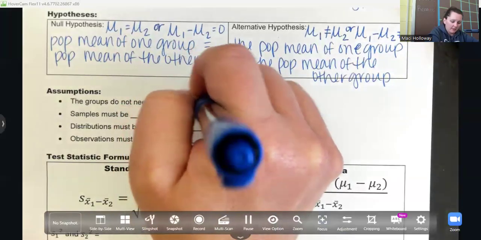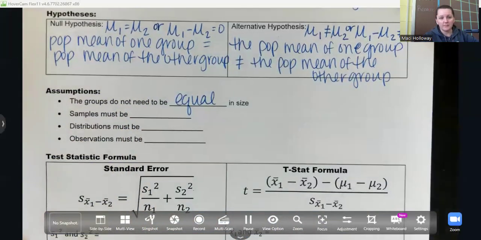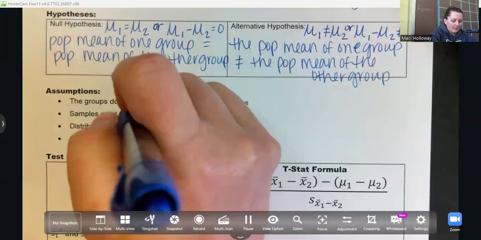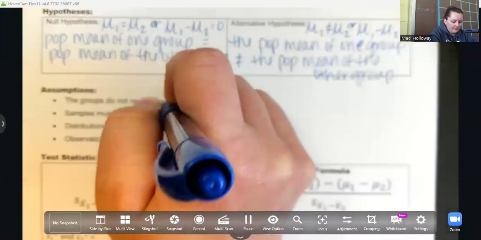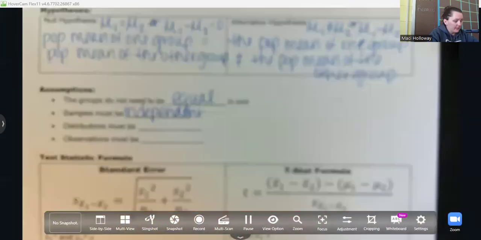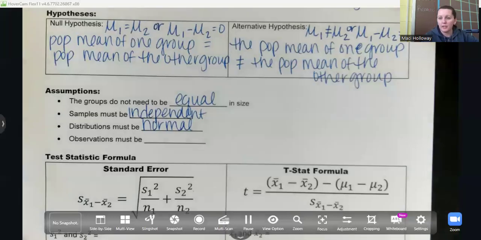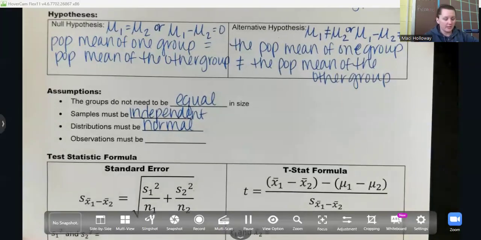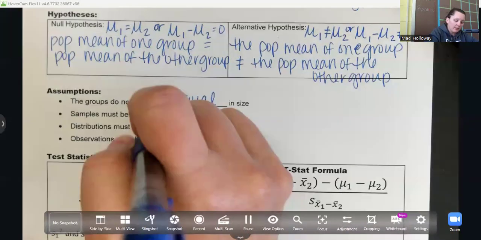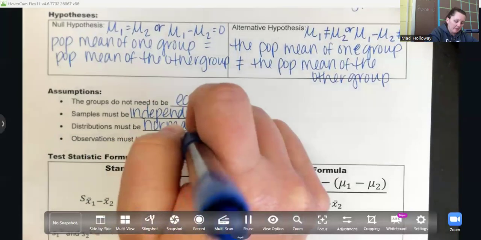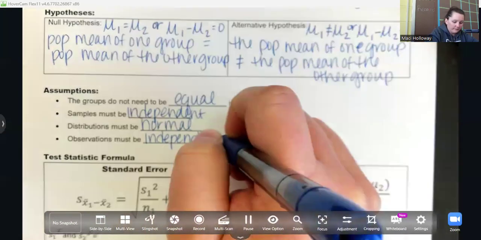We'll see this in our example; we don't have an equal size. The samples must be independent. Distributions must be normal. These are assumptions that we had to meet on our other t-tests as well. And our observations must also be independent.